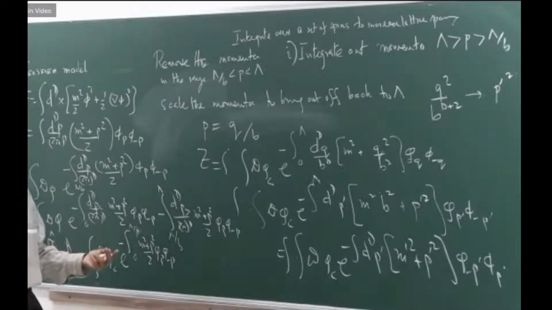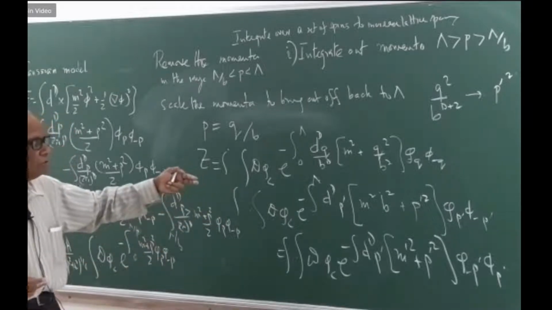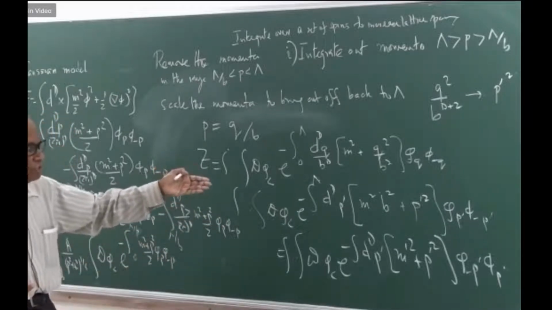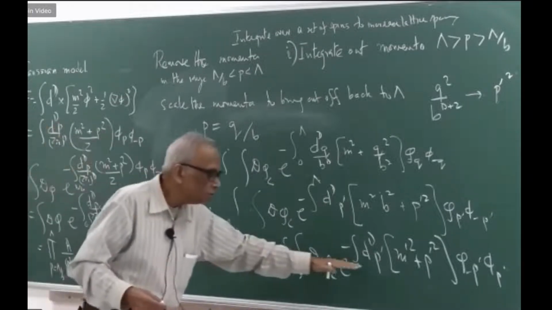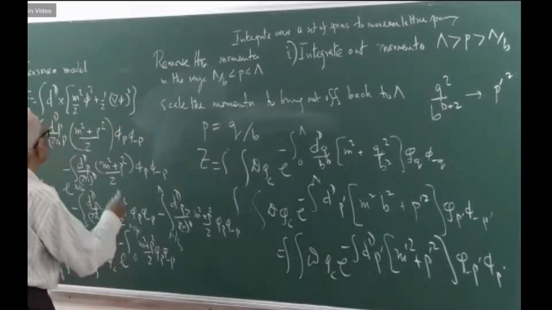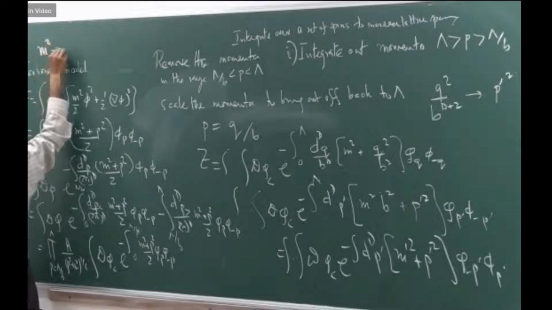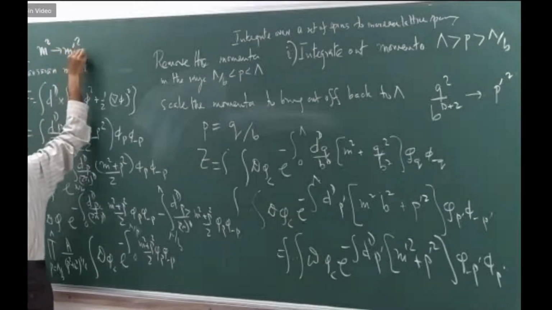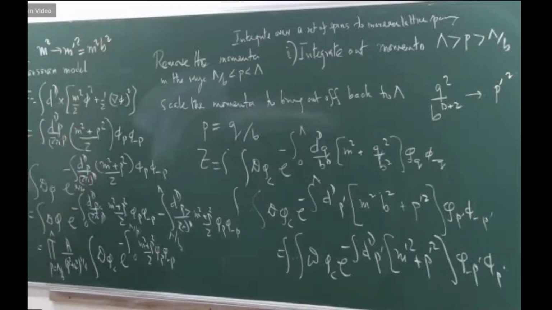What we see now is we have the same form of the Hamiltonian, the free energy, except that the process has changed m square to m prime square, which is equal to m square b square.